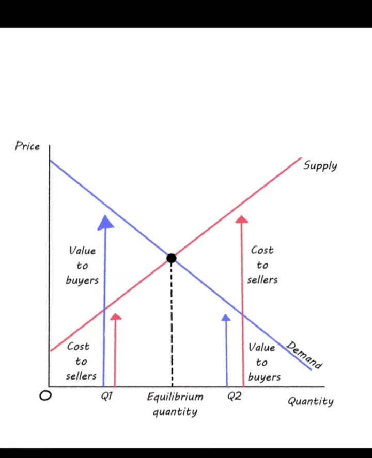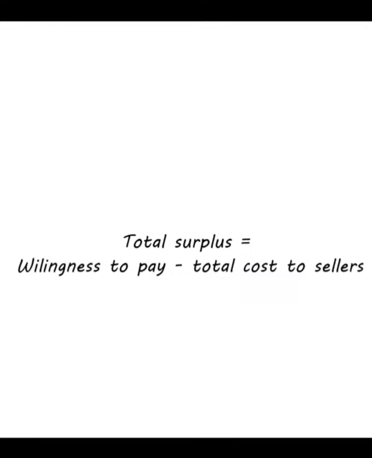Recall that consumer surplus equals the area above the price and under the demand curve, and producer surplus equals the area below the price and above the supply curve. Thus, the total area between the supply and demand curves up to the point of equilibrium represents the total surplus in this market. Total surplus in the market is the total value to buyers of the goods, as measured by their willingness to pay, minus the total cost to sellers of providing those goods.